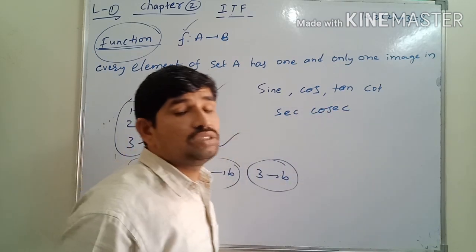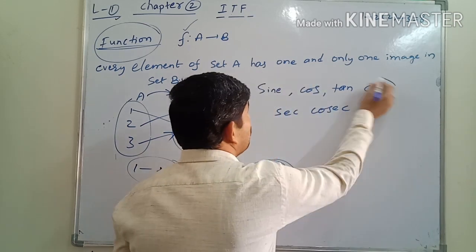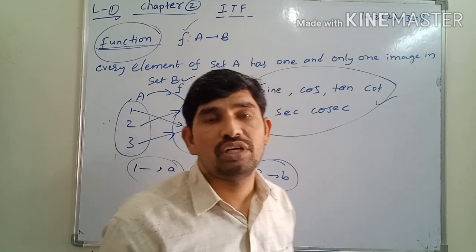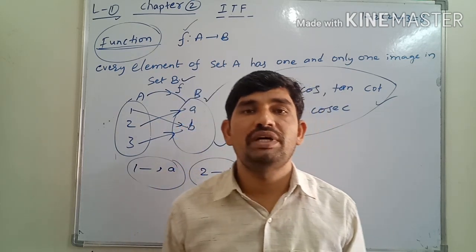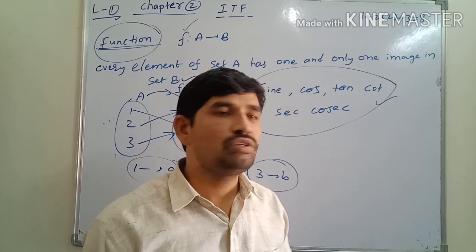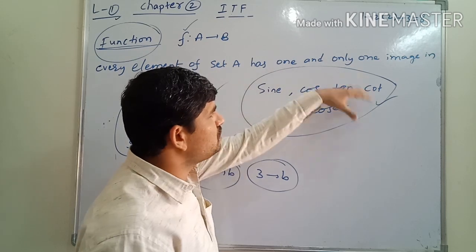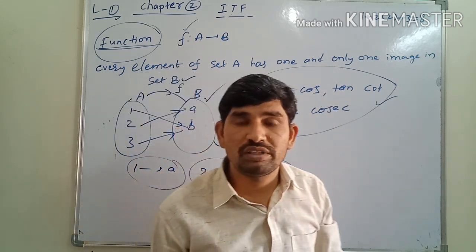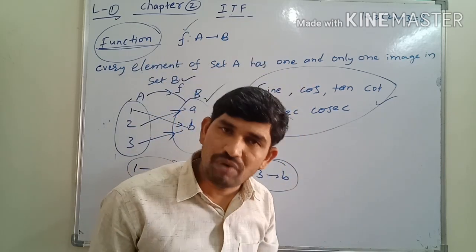Using these 6 trigonometric functions, today we are going to continue inverse trigonometric functions. First I will explain the domain and the range of these 6 trigonometric functions, then I will start the inverse trigonometric functions.